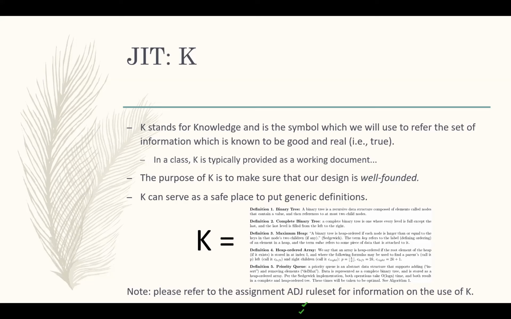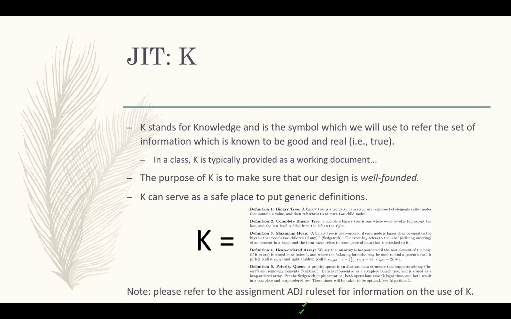The idea is that rather than just use what we know, or more importantly, what we think we know, we should write everything down. So when we did all those definitions for a binary tree, a complete binary tree, a heap, write those down and put them into a document that maintains them for you.